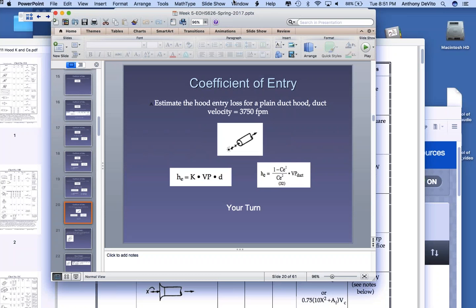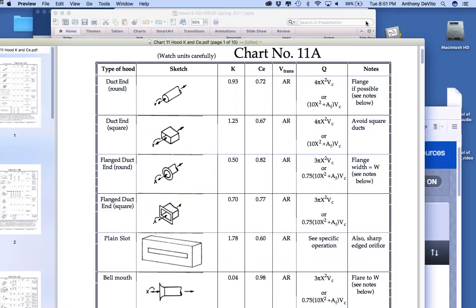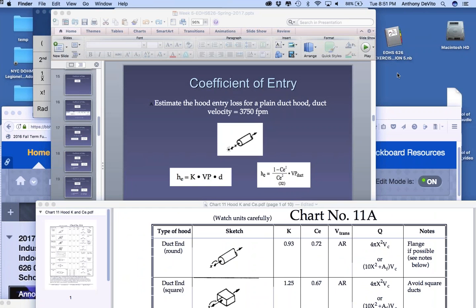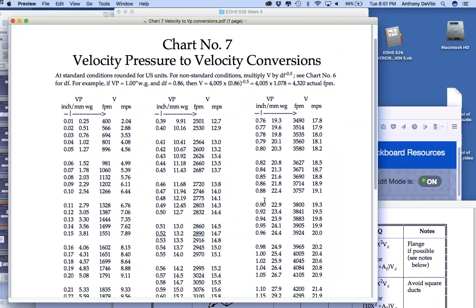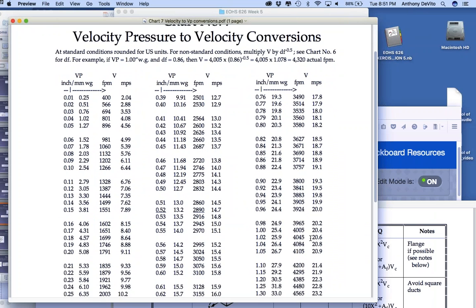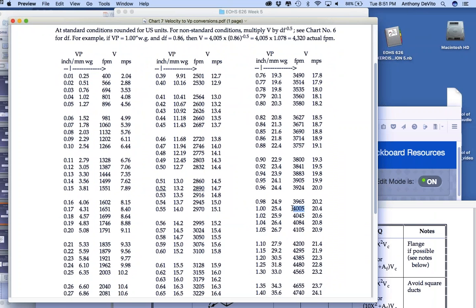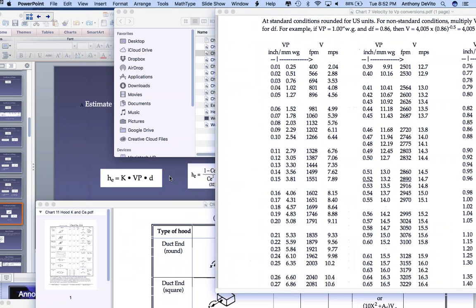This is 3750, right? 4,000 feet per minute I get 1 inch. It's a little less. Oh, it's 3750. Yeah, 0.88 is close enough.